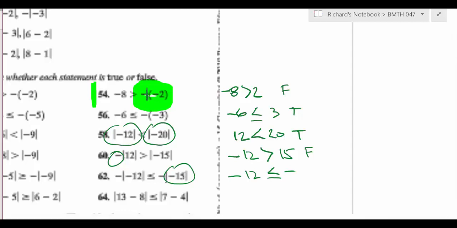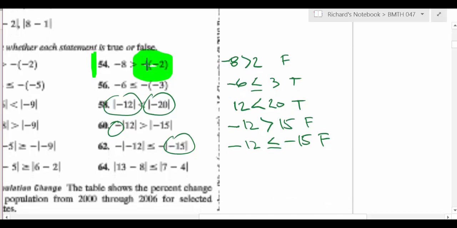Negative 15 is 15 units away from 0. Now I have negative 12 is less than or equal to negative 15. That's not true because negative 15 is actually smaller than negative 12. Negative 15 is further away from 0 than negative 12 is. So this is false.